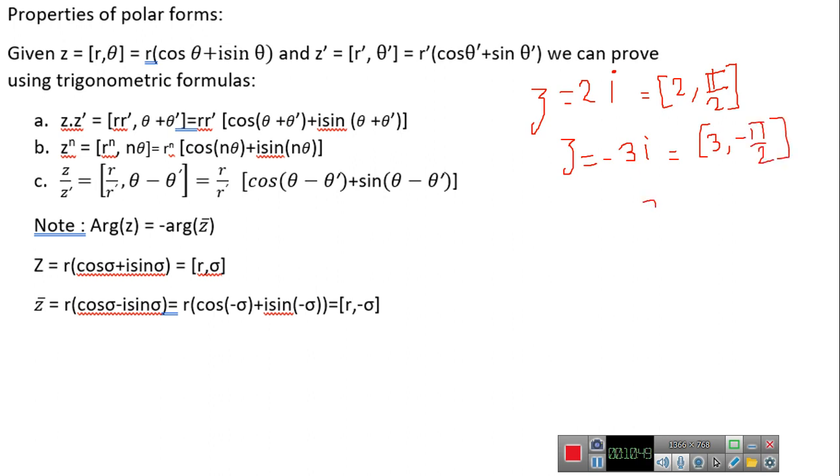So directly when you have 2i, this is 2 angle pi over 2. If you have, for example, minus 3i, and you want to write it in polar form, this is directly 3 and minus pi over 2.